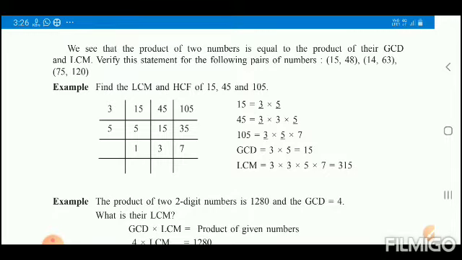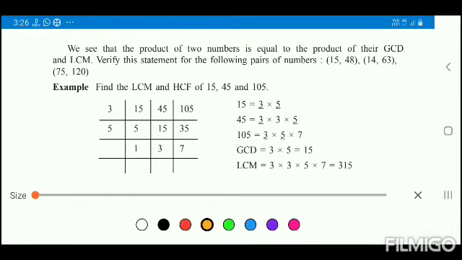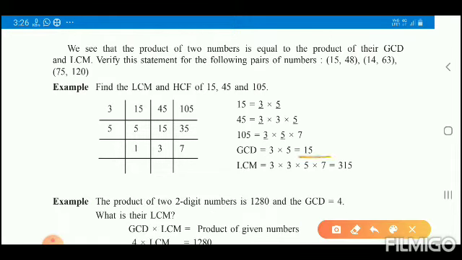Here the GCD or HCF of 15, 45 and 105 is 15 and the LCM is 315. If we multiply 105, 45 and 15, then what will you get?